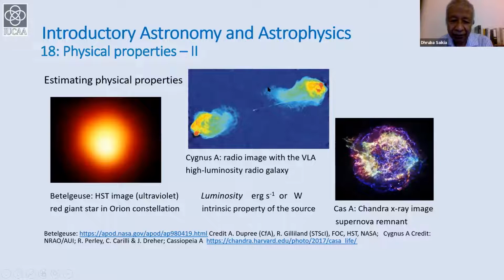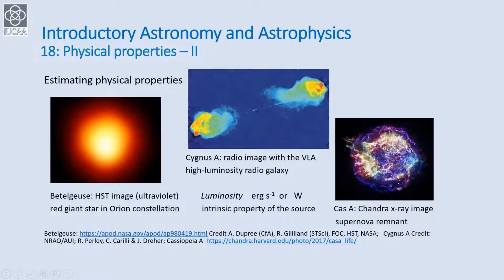Remember, flux is ergs per second per unit area, right? Per centimeter squared in the case of CGS units. Whereas this one may be high, but it is fixed to a very small area. So when you add this up by multiplying with the solid angle, you get a smaller value of total flux compared to a region of lower brightness. Does it make it clearer?